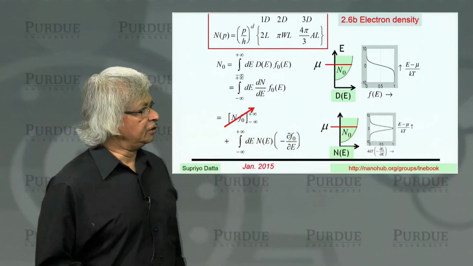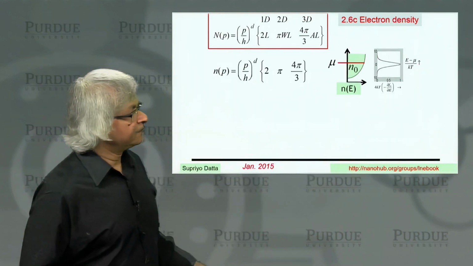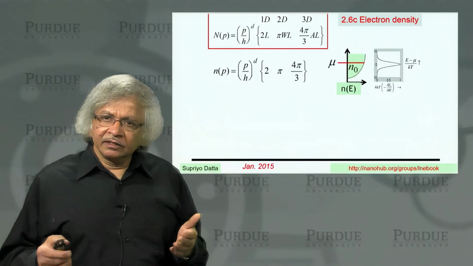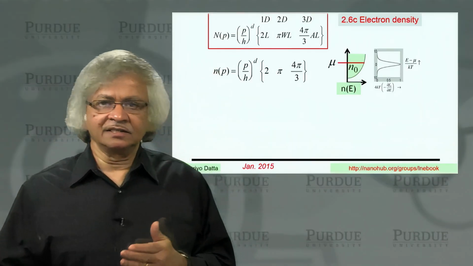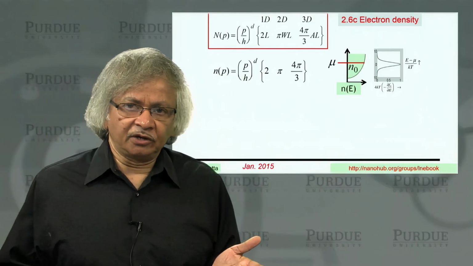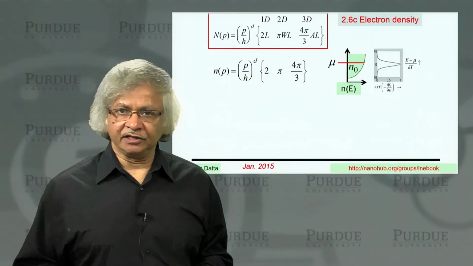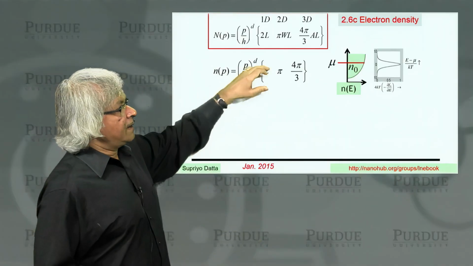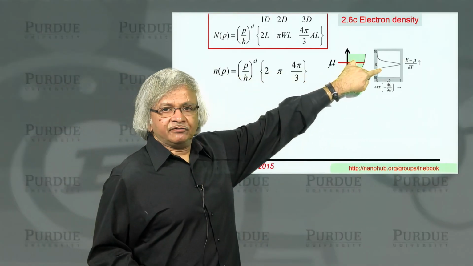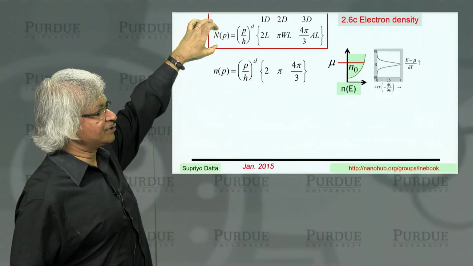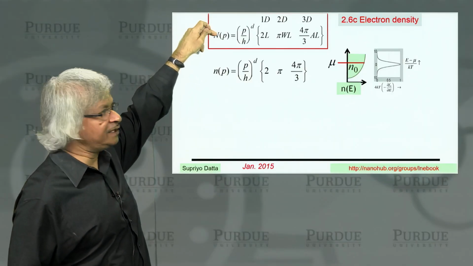Okay? And you'll notice how similar it is in general to the way we think of conductance or all the quantities we have been talking about. They also involve this average over energy in the same way, using this df/dE function. So what we could do then is, this is the expression we had for n of p.